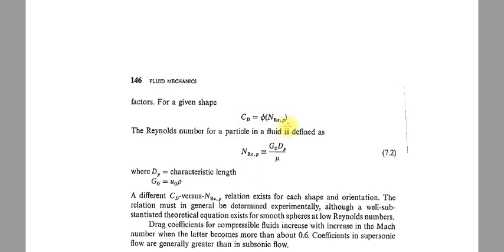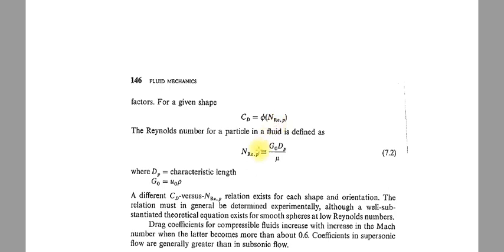Here NREP is the Reynolds number. In this case, the Reynolds number is defined based on the particle, not based on the size and shape of the flowing channel, as in a closed channel.